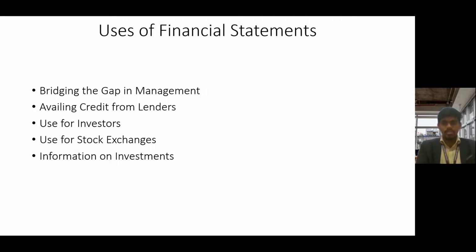Financial statements help in bridging the gap between management and the owners. What do owners and management mean here? Management means the persons who are managing the business, who are carrying the business forward, and the owners are those who have invested their money and are looking for the benefit and success of their business.